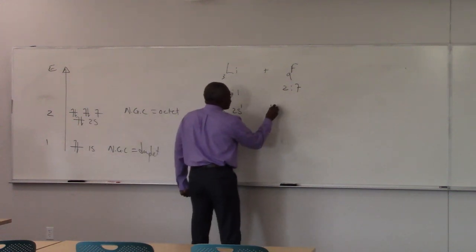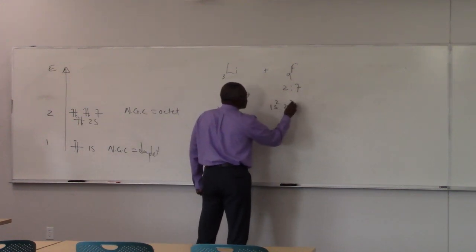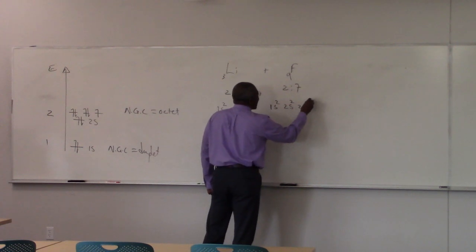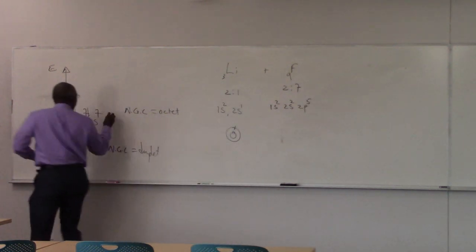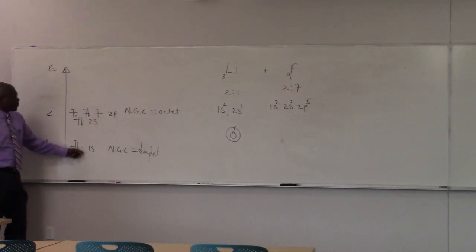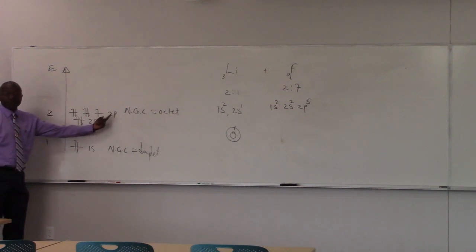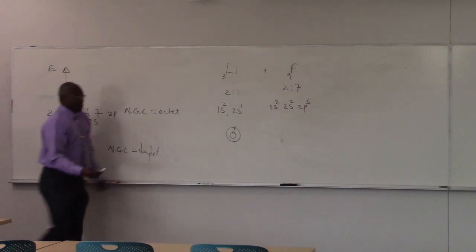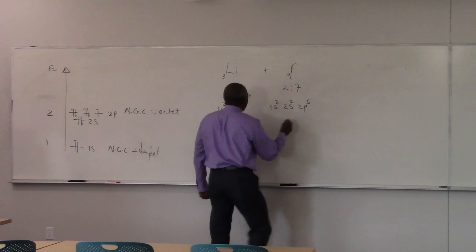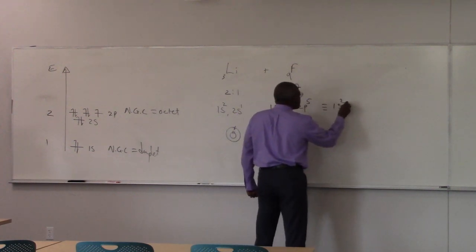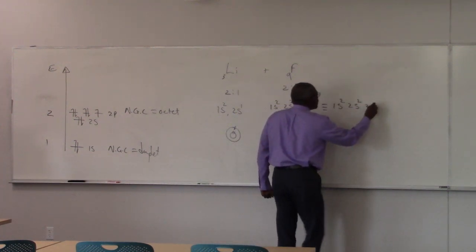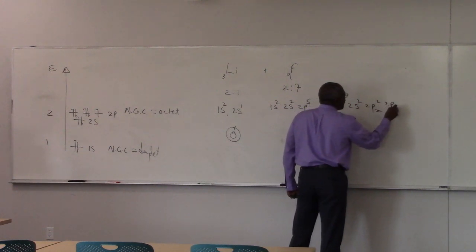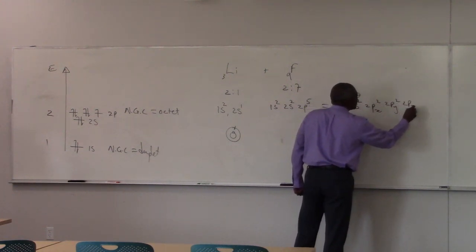Or I can write it as 1s2, 2s2, 2p5, right? So these are my 2p's. So 1s2, 2s2, 2p5. Or I can be more detailed and say it's 1s2, 2s2, 2px2, 2py2, 2pz1.